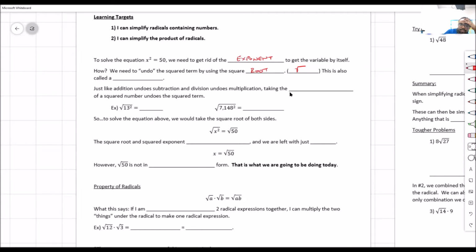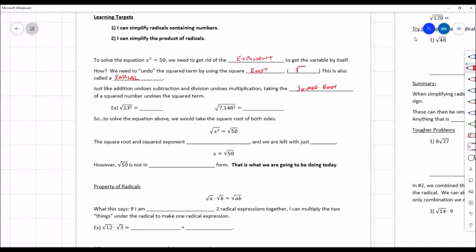This is also called a radical, and this is what we mean when we talk about simplifying radicals. Just like addition undoes subtraction and division undoes multiplication, taking the root undoes the exponent.